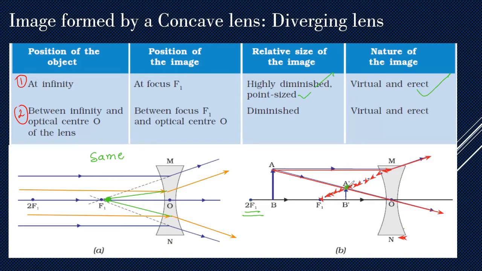So this is the point where they are meeting. So this A dash B dash is my image. Again, as the image is on the same side, it is going to be a virtual and erect image. How is the size? Size will be diminished. It will be anywhere between focus and optical center. Okay, so these are the only two types of images that we have in case of a concave lens.